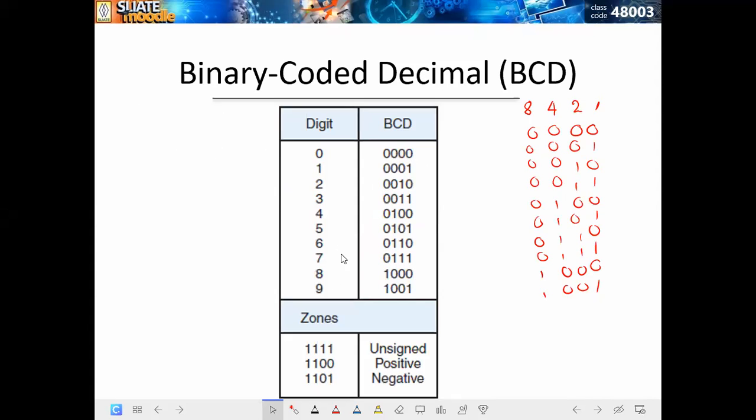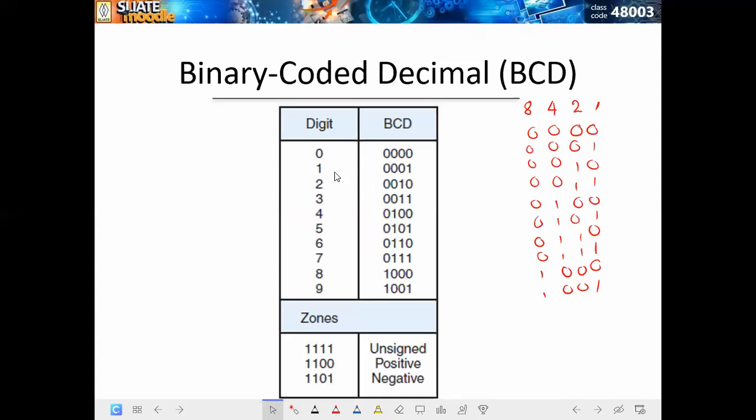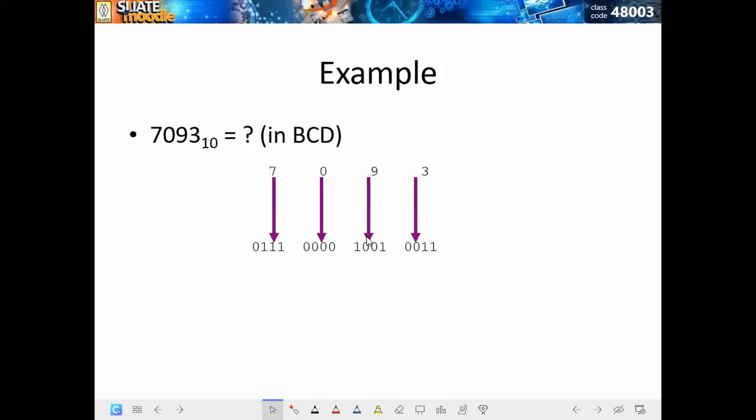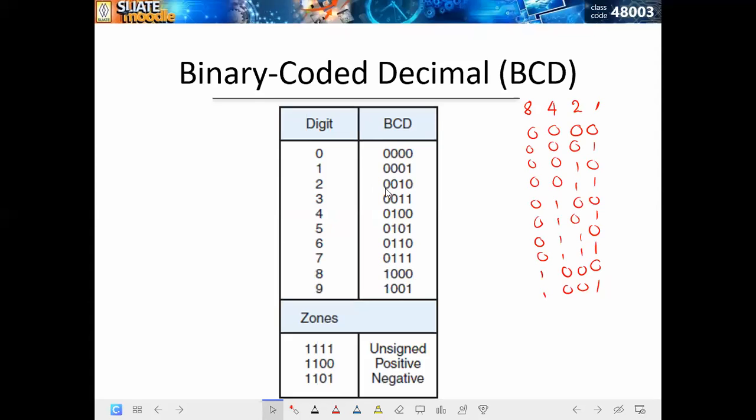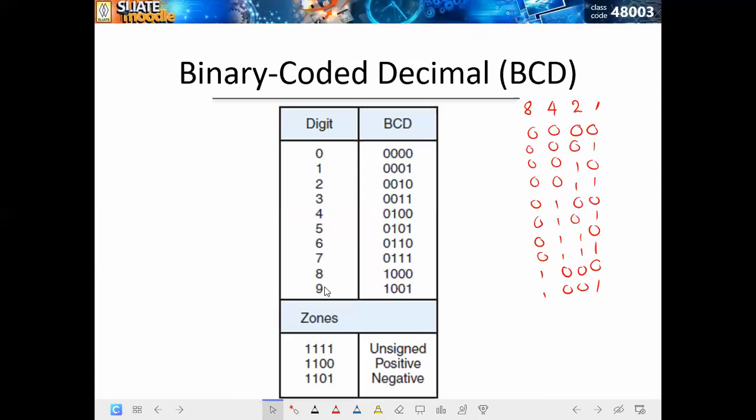For the 7, the binary coded decimal value is 0111, right? For the 0, what is the binary coded decimal value? 0000. For the 9, 1001.